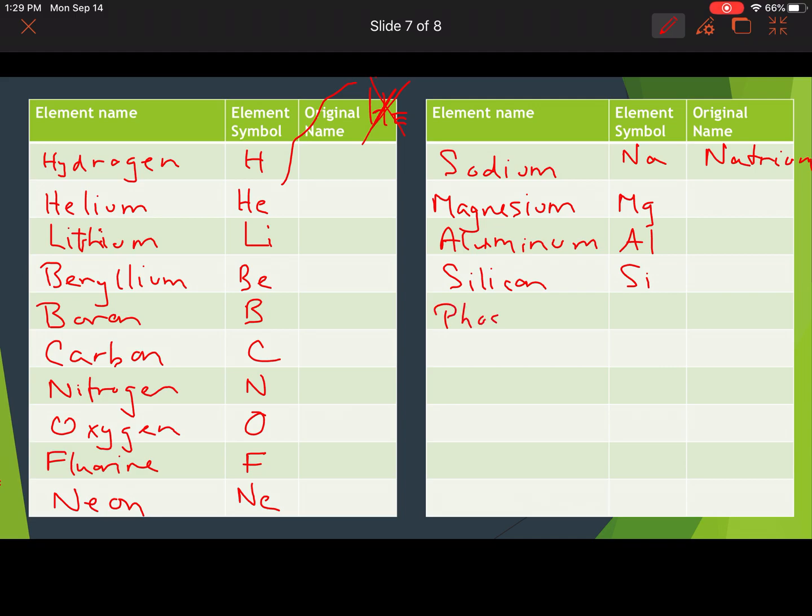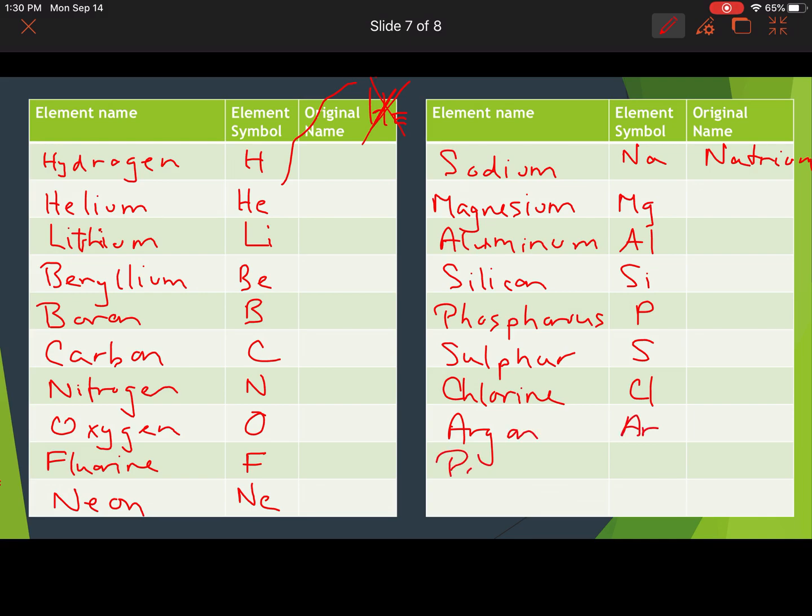Phosphorus is the letter P. Sulfur is the letter S. Chlorine is Cl. Argon is Ar.